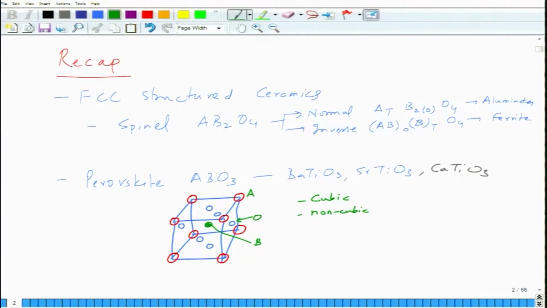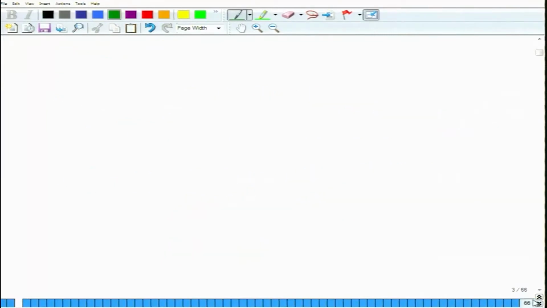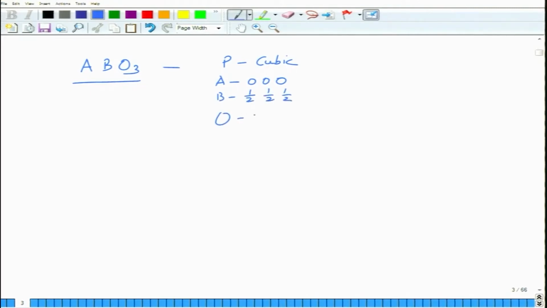They undergo a Curie transition at a temperature called Tc. Let me now come to that particular aspect. What we talked about last time was that ABO3 is primitive cubic with the motif being A at 0 0 0, B at half half half, and oxygen at half half 0, half 0 half, and 0 half half.